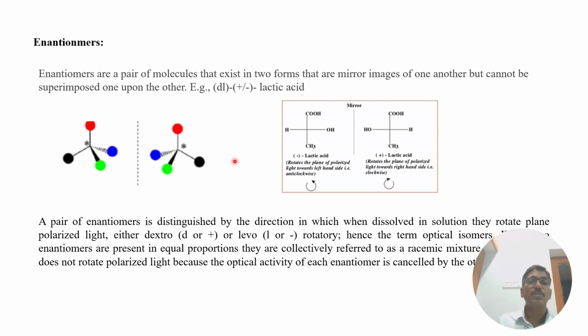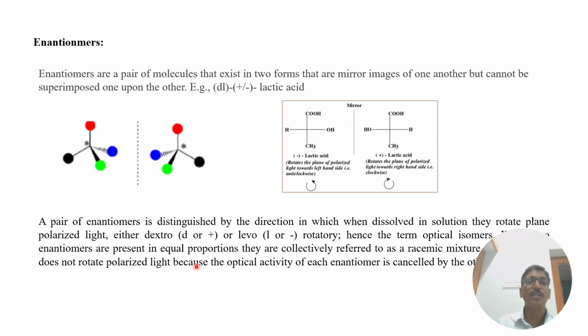A pair of enantiomers is distinguished by the direction in which, when dissolved in solution, they rotate plane polarized light, either dextro, D or plus, as I mentioned earlier, or levo, L or minus, rotatory. Hence the term optical isomers.